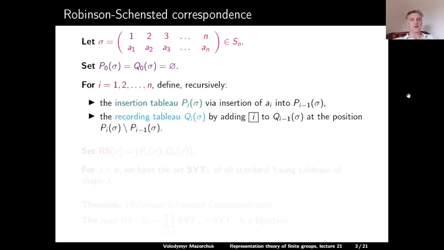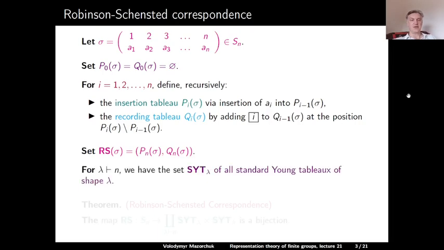And we define the recording tableau Qi of sigma by adding the box with the number i in it to Qi minus 1 of sigma at the same position at which a new box is added in Pi of sigma relative to Pi minus 1 of sigma. So we denote by RS of sigma the pair Pn of sigma and Qn of sigma.